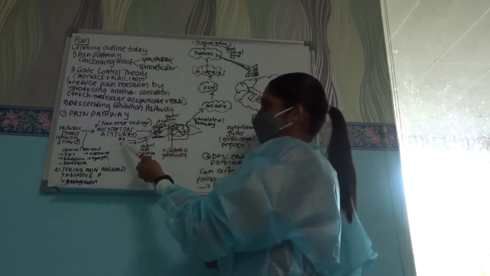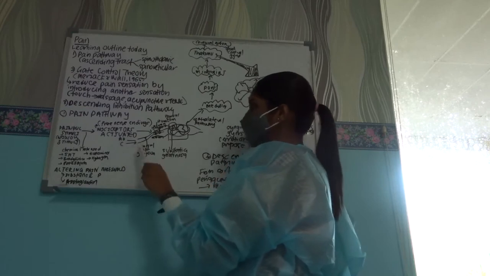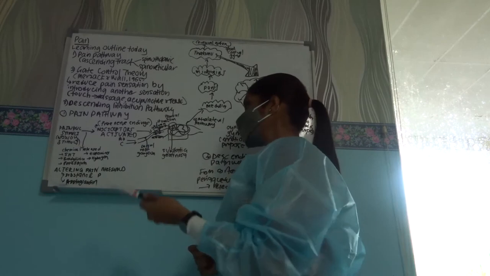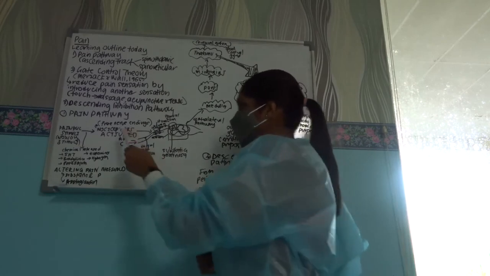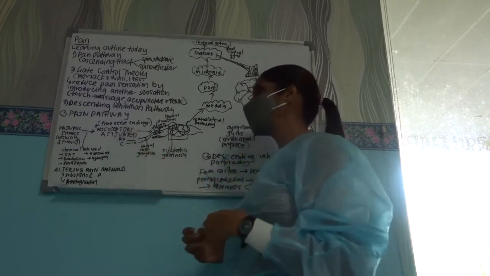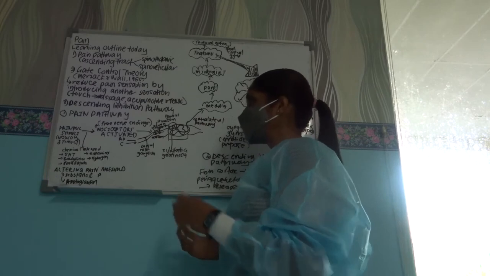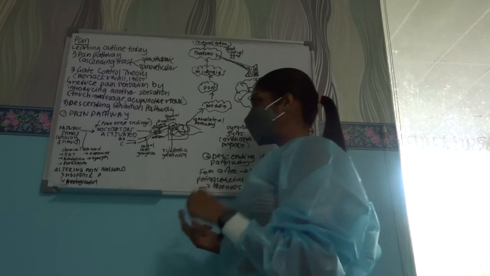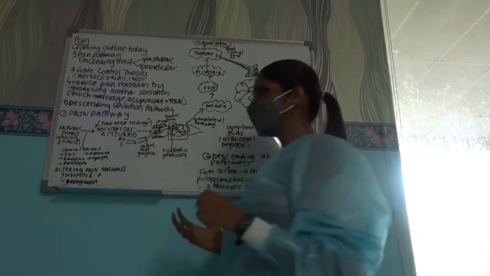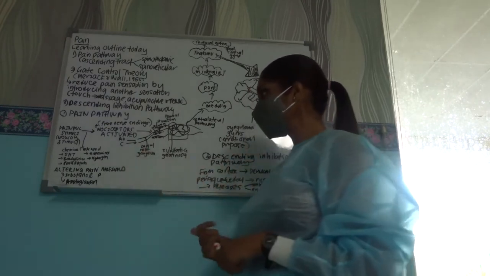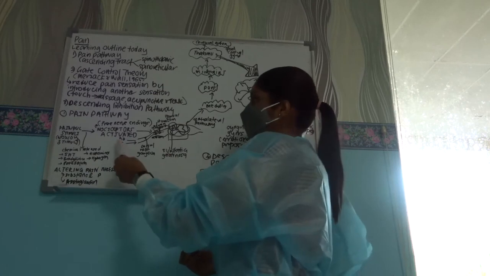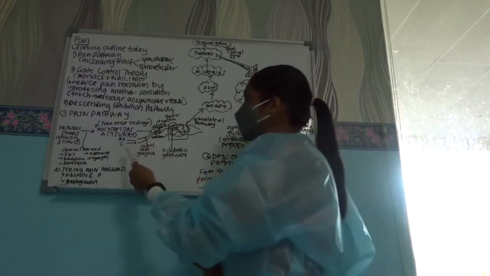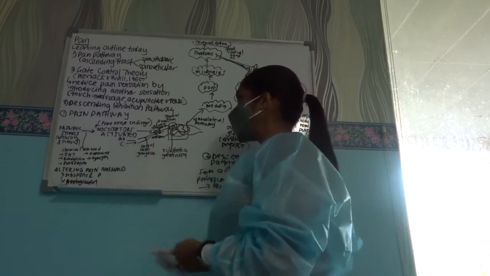But C usually takes longer, like one to two hours. Fast pain is very sharp, and C pain is very dull. It can be a visceral pain if it is C, because it is dull in quality.